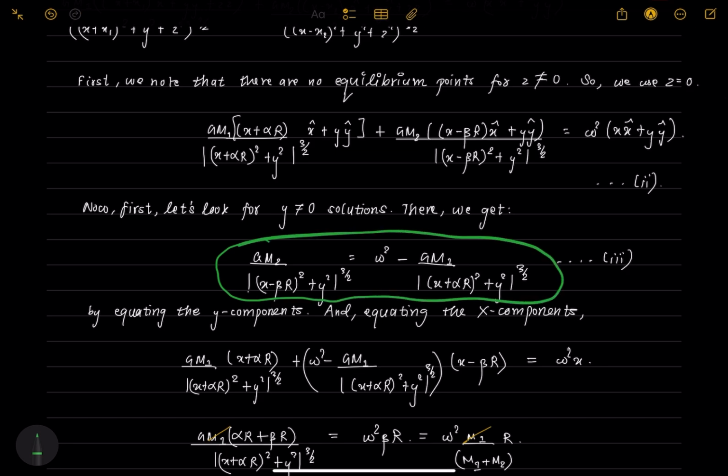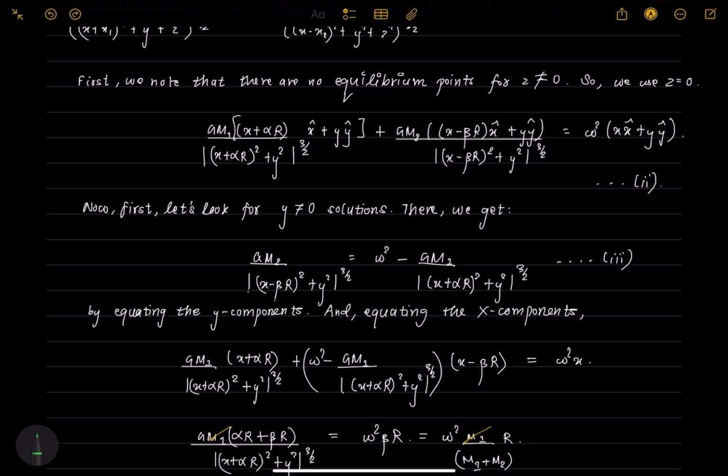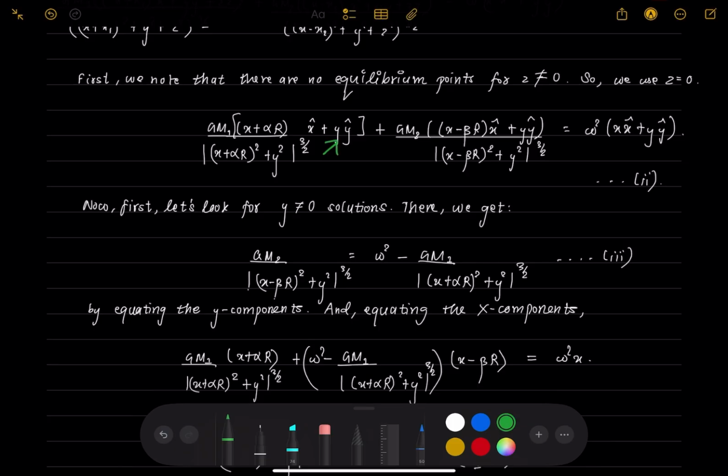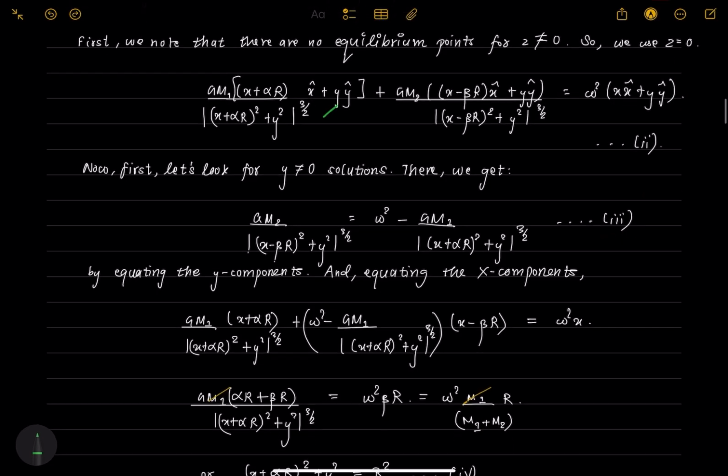This equation does not hold because all the y's just cancel out. If we plug in y equals 0 because we're obtaining the on-axis points, this equation is already satisfied. The y component equations are already satisfied, so that equation 3 will not necessarily stand.